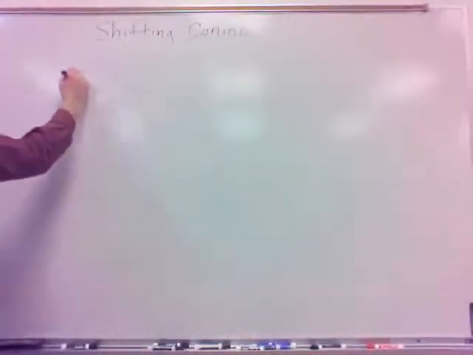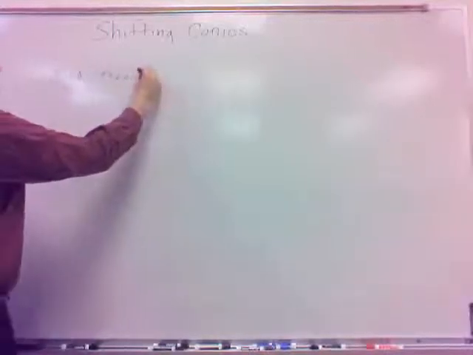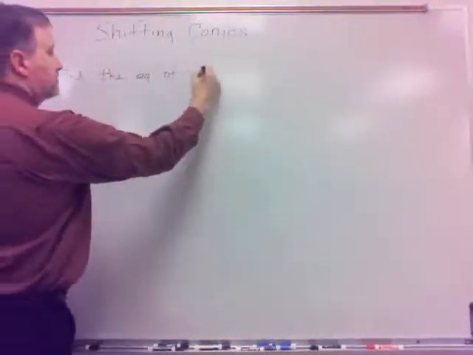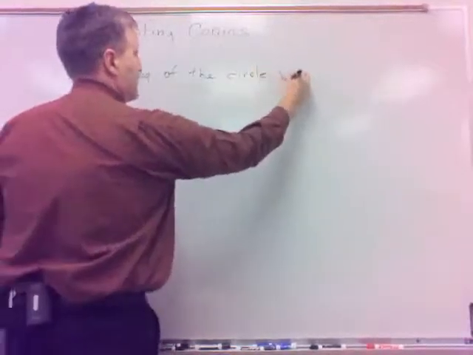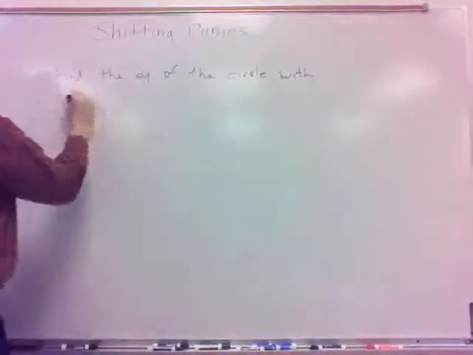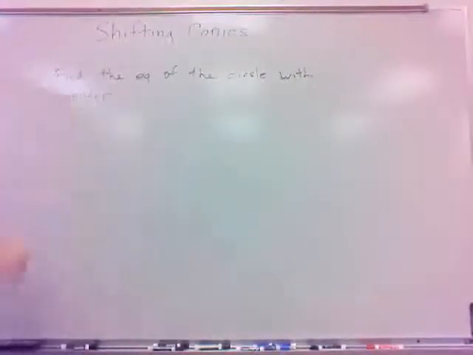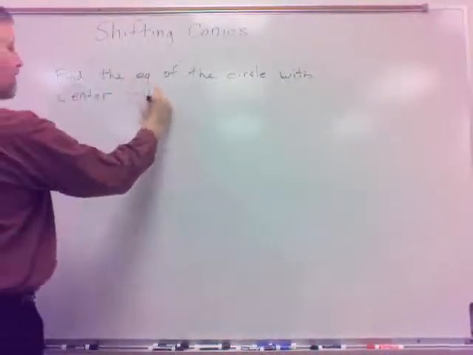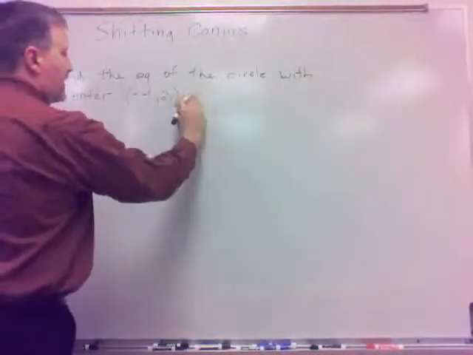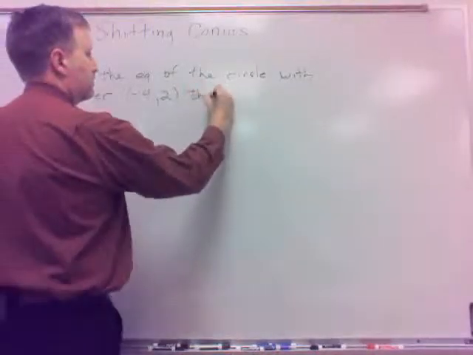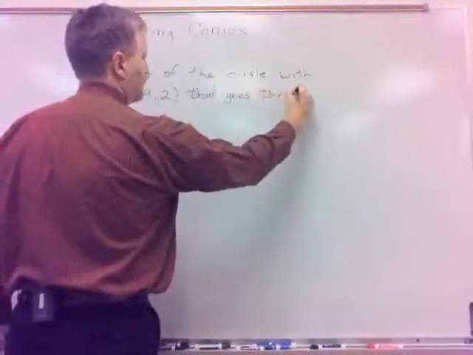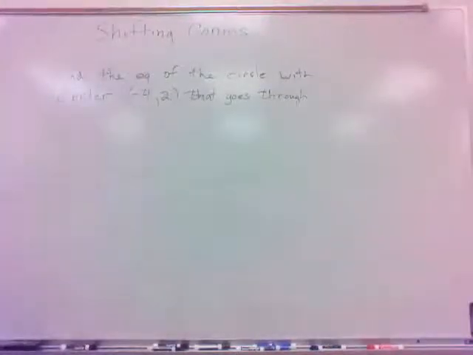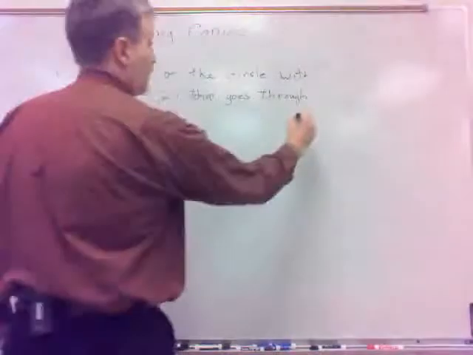Find the equation of the circle with center negative 4, 2 that goes through 9, 1.